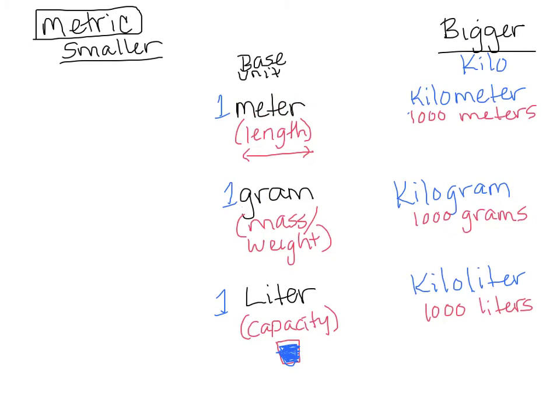The first one is the prefix centi, which means 100th. We'll put it in decimal form, 0.01. That means that the meter is chopped up into 100 pieces. So a centimeter is one of the 100 small pieces of the chopped up meter.